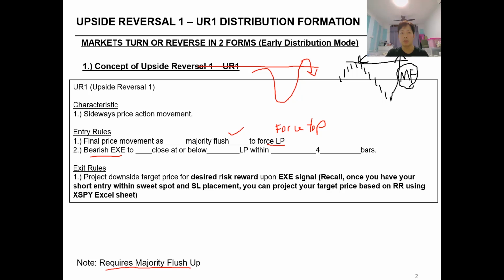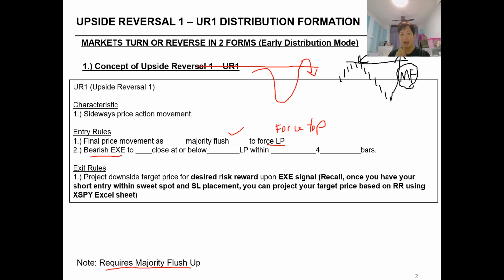This is basically the concept diagram of UR1, and within 4 bars we want to see a bearish EXE that, after going above the LP, closes at or below the LP to confirm the UR1 structure.